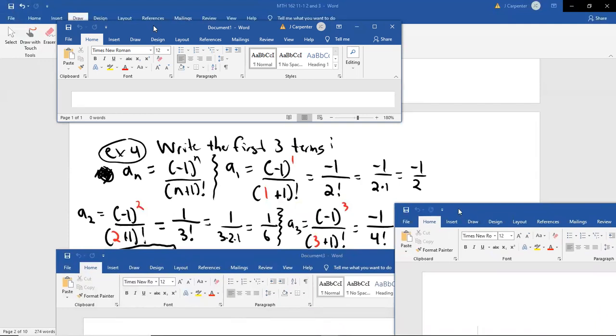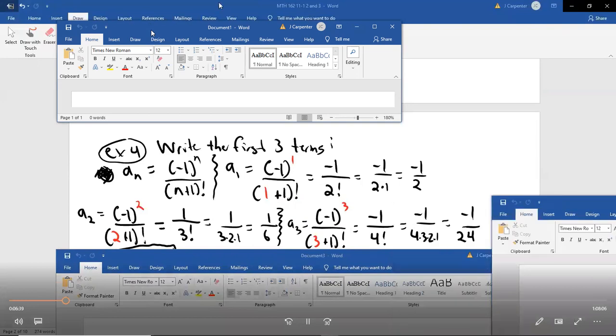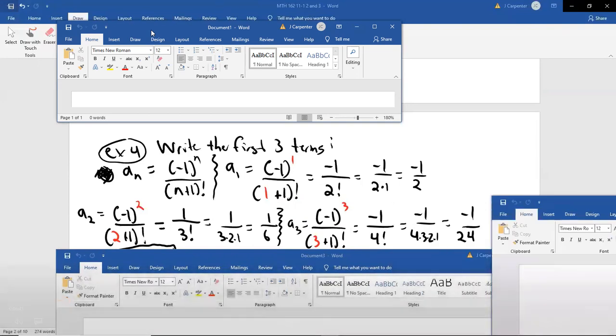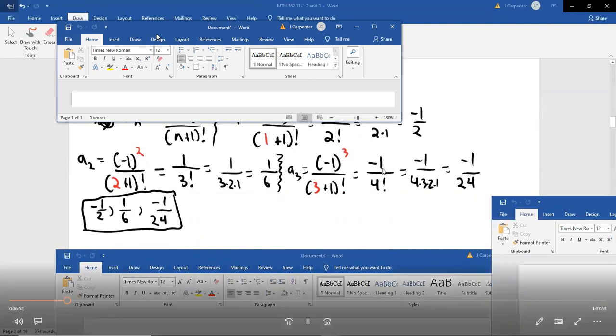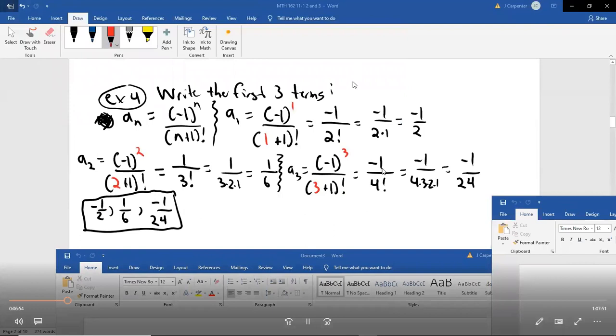Which is 4 times 3 times 2 times 1, which is 12 times 2, which is 24, times 1 is 24. So there we go, our first 3 terms of the sequence: negative 1/2, 1/6, negative 1/24.